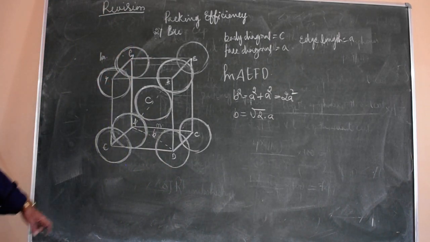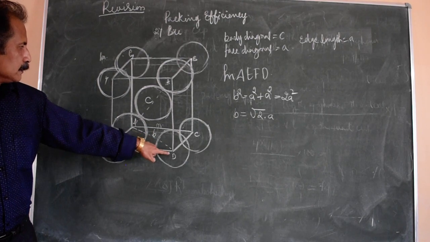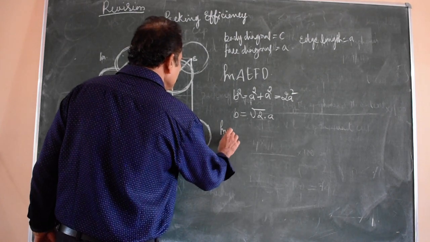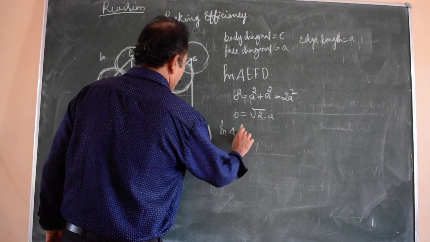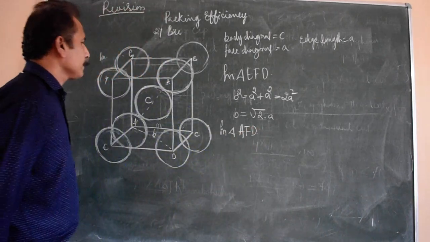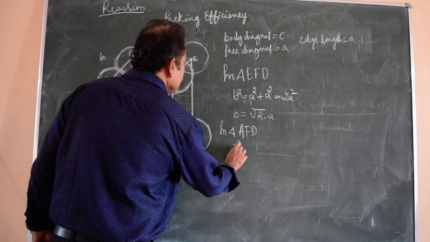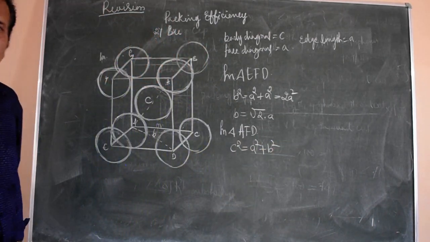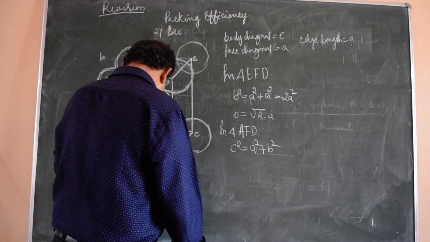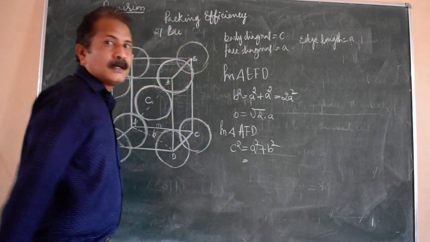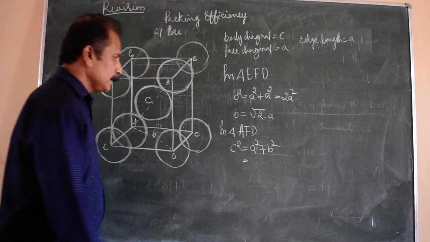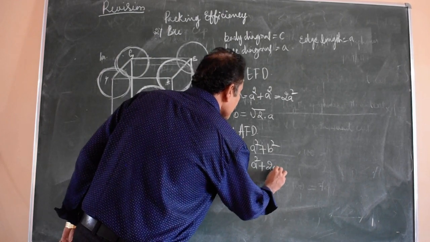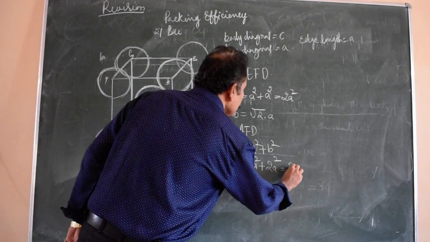Okay. Now in triangle AFD, I have to find C. So in triangle AFD, C square is equal to A square plus B square. Okay. So that is equal to A square plus 2A square, that is equal to 3A square.